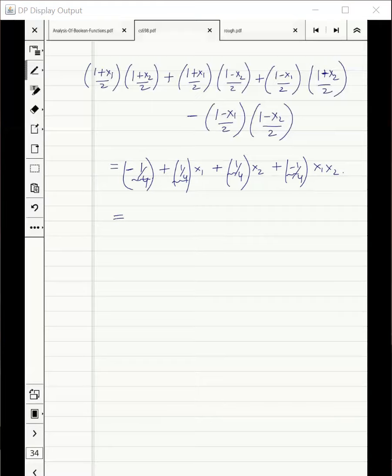So from the first two, you are getting a contribution of half for the constant. Look at the constant term: I can see that the constant term is half. X1 has 1 by 2, and x1x2 has minus 1 by 2.